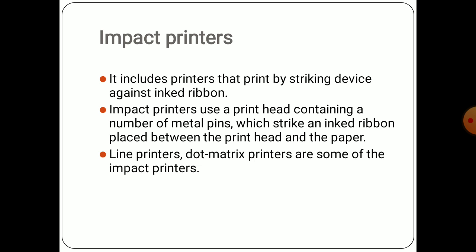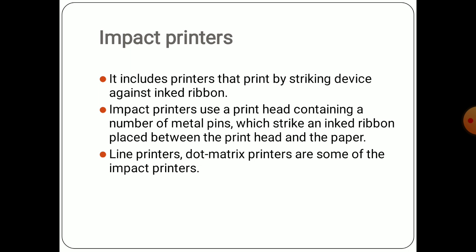Here in your impact printer, one character is printed at a time, and the metal pins will be there on which your characters are engraved, meaning fixed. You just have to press those metal pins and the striking device will come out and strike on the ink ribbon, and that shape will be imparted again and displayed on your paper page.